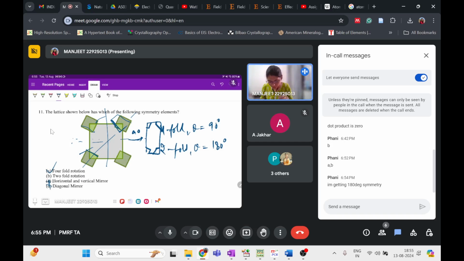Twofold is also, if I consider the 180 rotation, here my lengths are this one and this one.